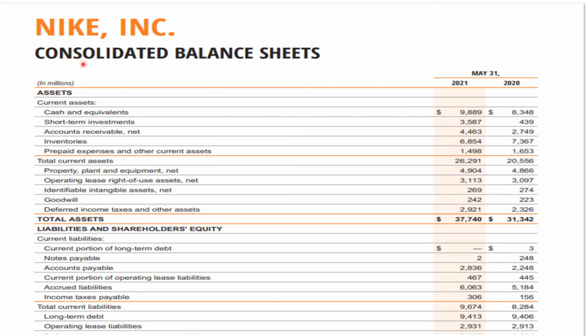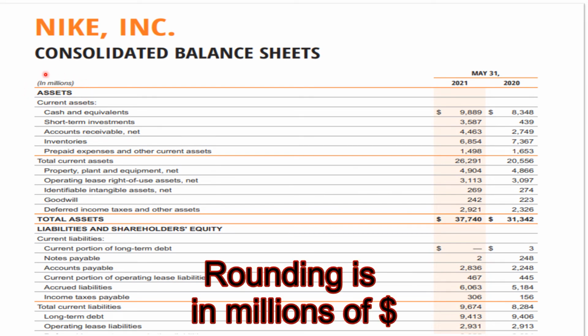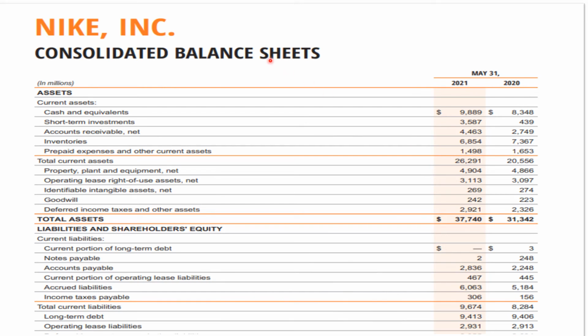So here, clearly, it is in millions. So if we're looking at the total assets of Nike Inc., this is $37,740 million or $37 billion.